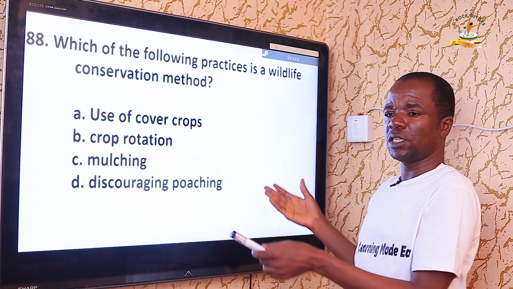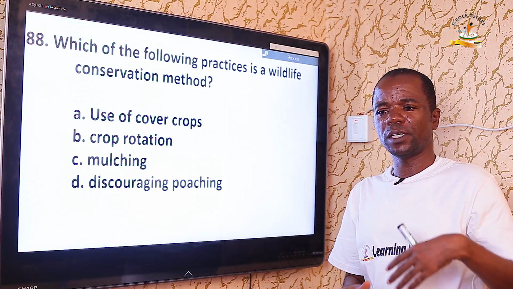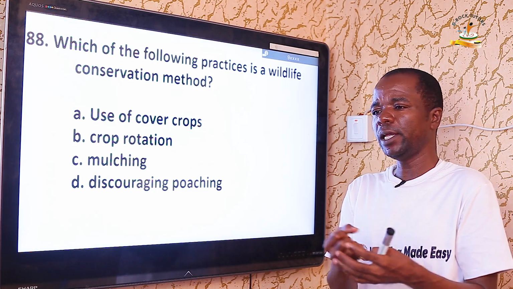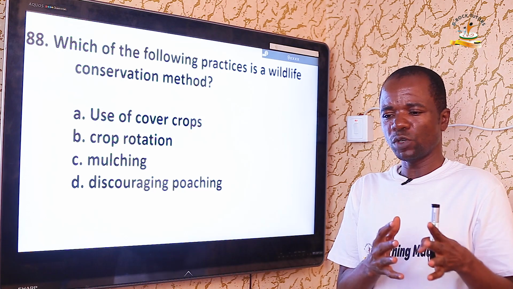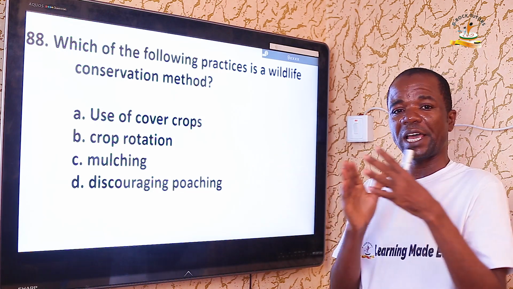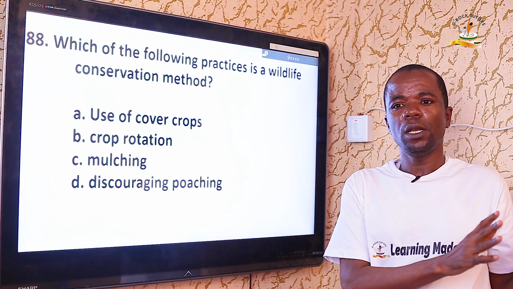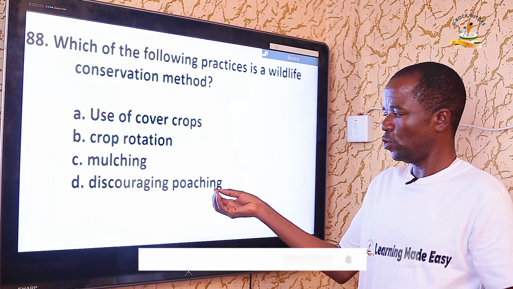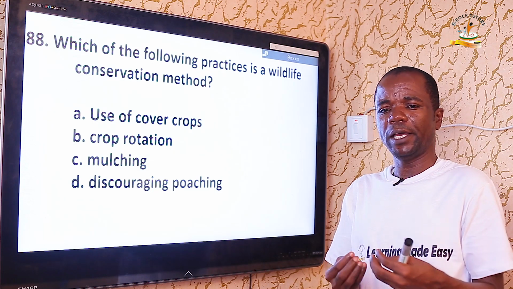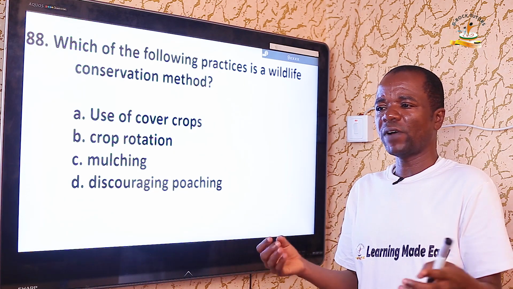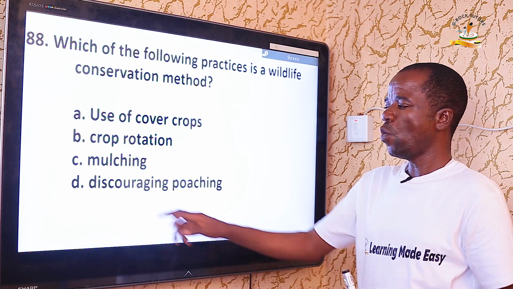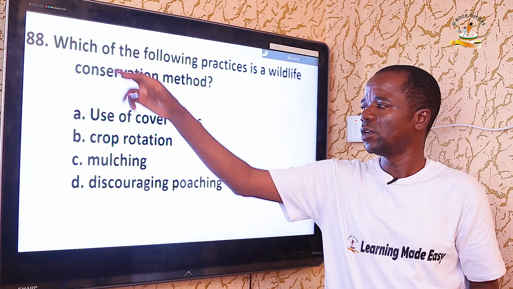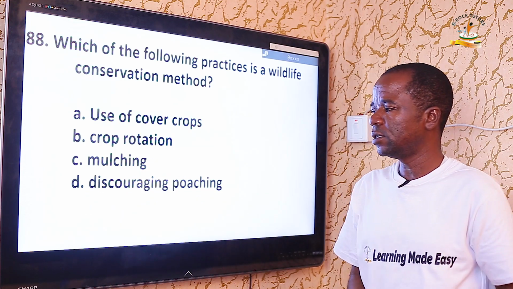When poaching is discouraged, when people are prevented from illegally, unlawfully killing animals, especially those in restricted areas like parks and reservation areas, because that's what poaching is. Poaching is the illegal or unlawful killing of animals in certain restricted areas. So when poaching is discouraged, wildlife will be conserved. So number 88, the correct answer is definitely D.